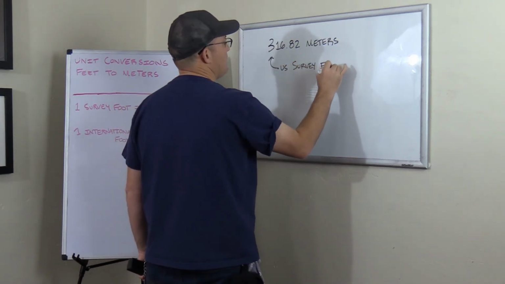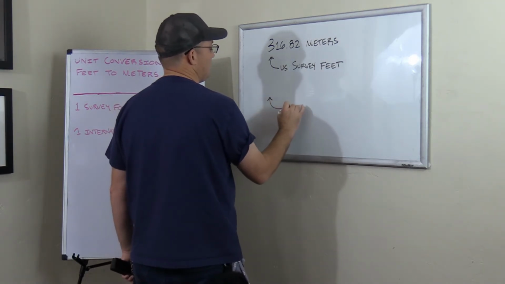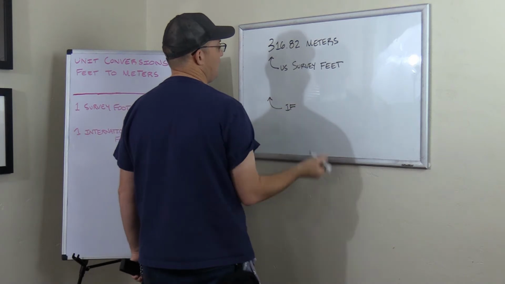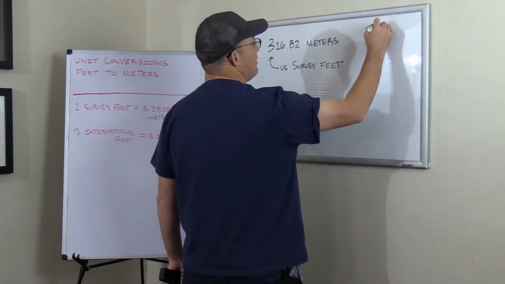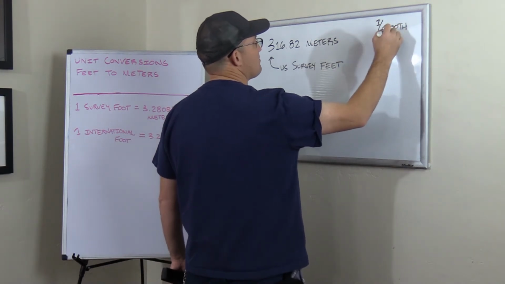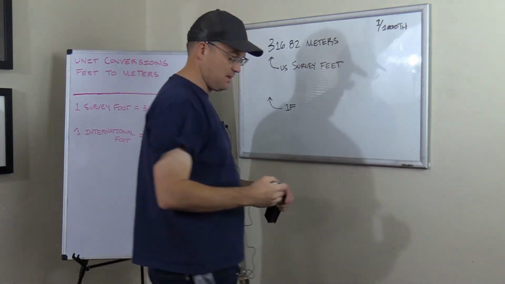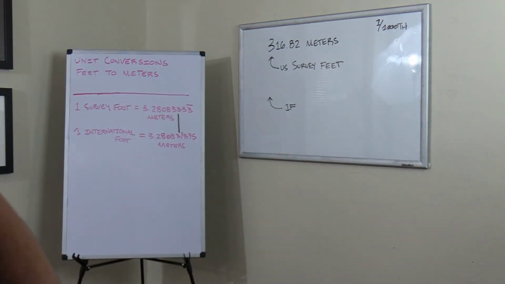And then just for fun, what is that value in international feet? We're going to take our answer to the nearest thousandth of a foot. That's usually the smallest unit we deal with as surveyors in feet. So we'll go to the nearest thousandth of a foot, and we'll see if there's a difference there.